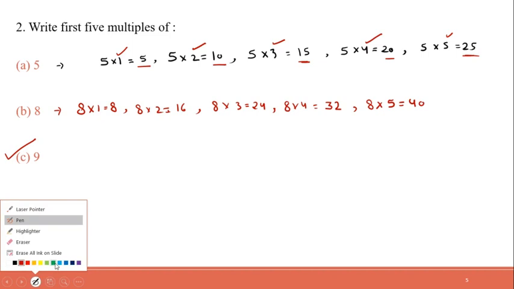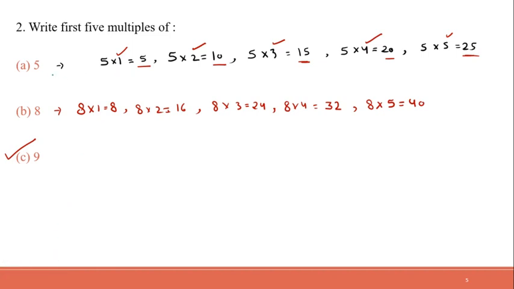Got this? That means the first 5 multiples of 5 are 5, 10, 15, 20, 25. Got it? And the first 5 multiples of 8 will be 8, 16, 24, 32, and in the last 40.